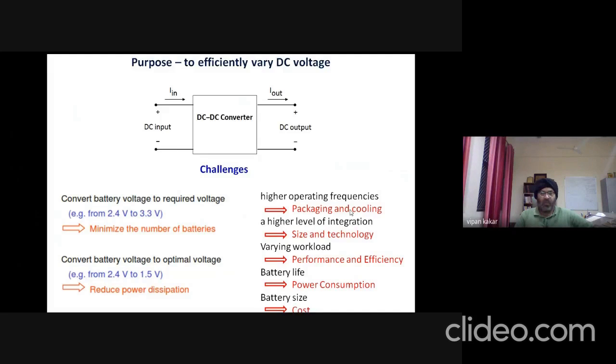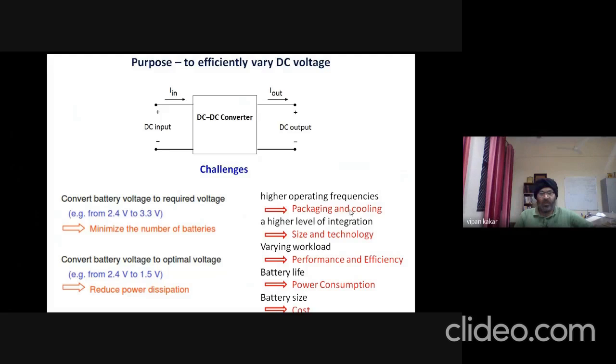Or in other words, let's say we have different voltage levels in one circuit, or in one design. Small sub-circuits are there. So one sub-circuit works at 2.4 volts, another sub-circuit works at 3.3 volts, and other sub-circuit works at some other voltage level, and so on.